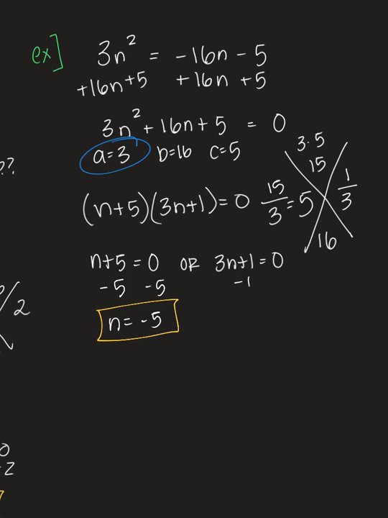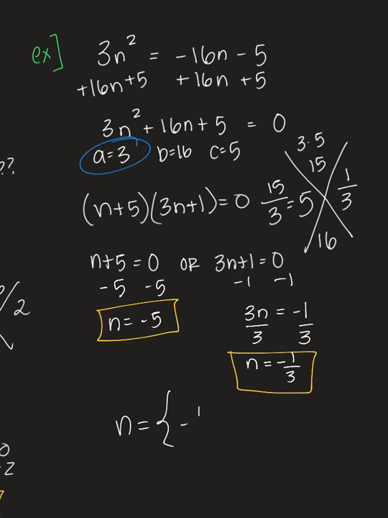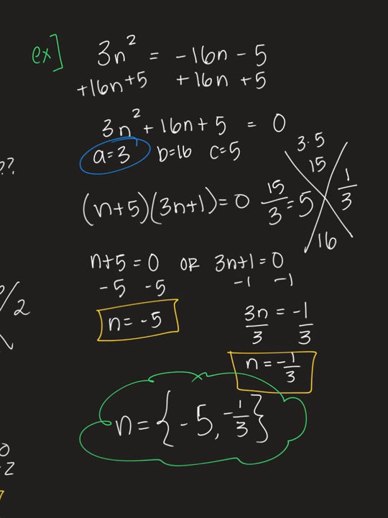And for the other one, we can subtract 1 and divide by 3. We get n is equal to negative 1/3. If you want, you can write it in this form, and that also works.